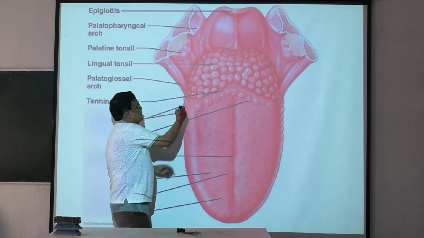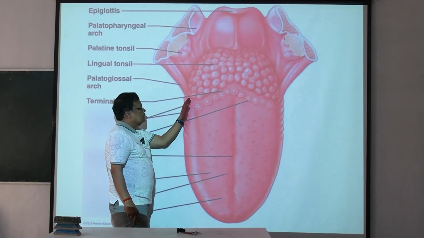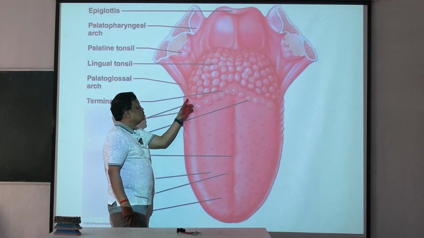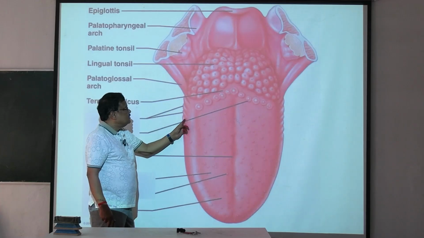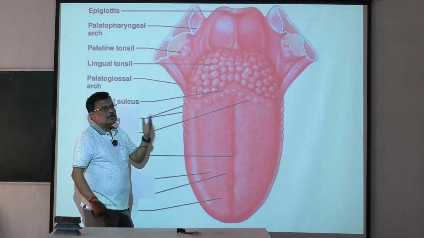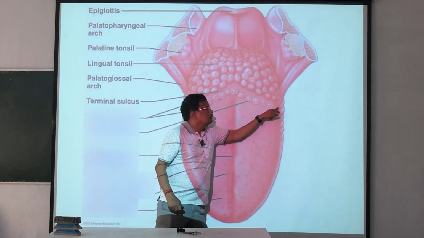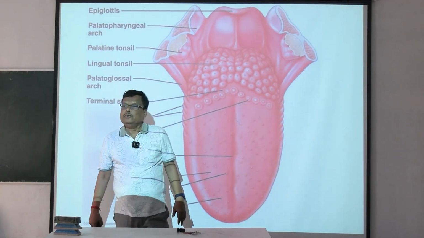And also on the posterior aspect of the anterior 2/3 of the tongue, close to the lateral border, there is something as if a slice cut is made. These are all papillae.